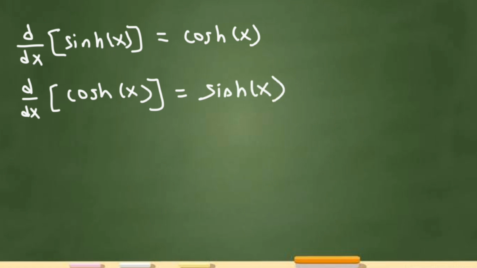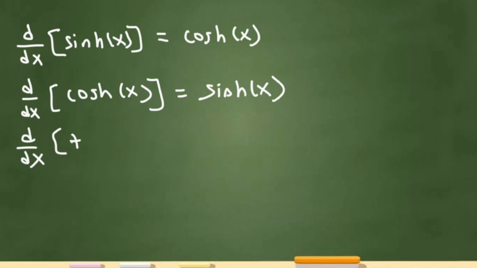It's a little bit different from the corresponding trig function. In trig, the derivative of normal sine is just cosine, but the derivative of cosine is negative sine. But for hyperbolic functions, the derivative of hyperbolic cosine is positive hyperbolic sine.